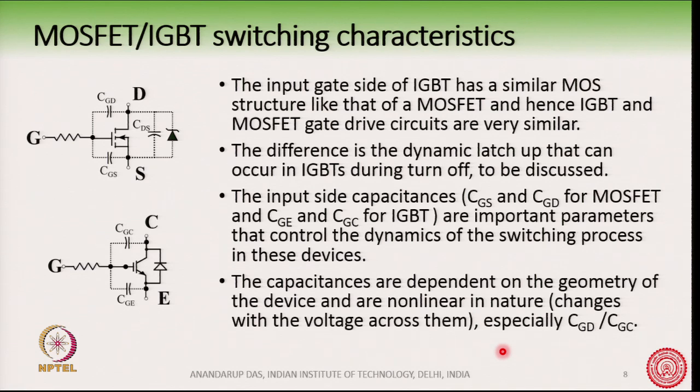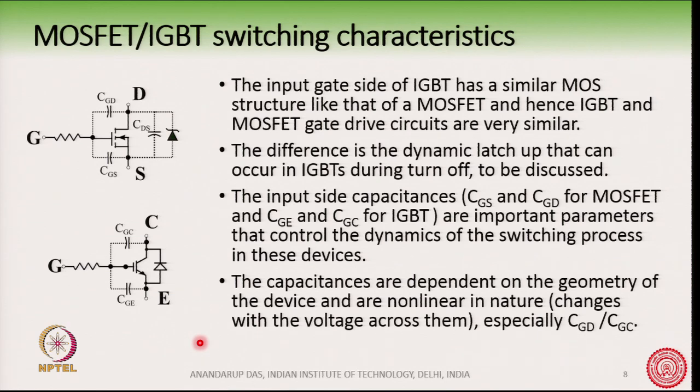Now, as you can see, we have shown a MOSFET here with drain, gate, source, and collector, gate, emitter for the IGBT. The input side of the IGBT has a very similar MOS structure to that of a MOSFET, and so IGBTs and MOSFETs have gate circuits which are very similar.